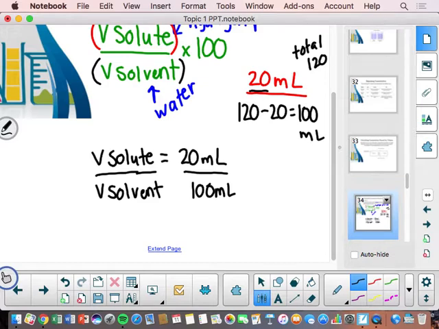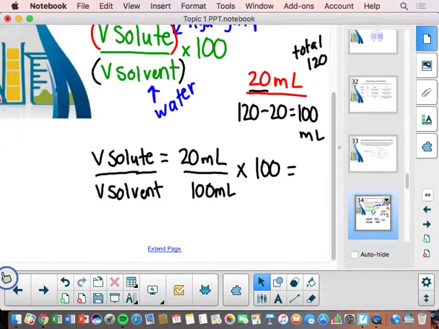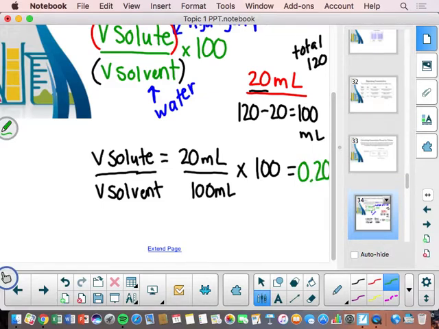And to do this, we have to times it by 100. So if we calculate that out, 20 divided by 100 gives us 0.20, and then we times it by 100 so that equals 20%.